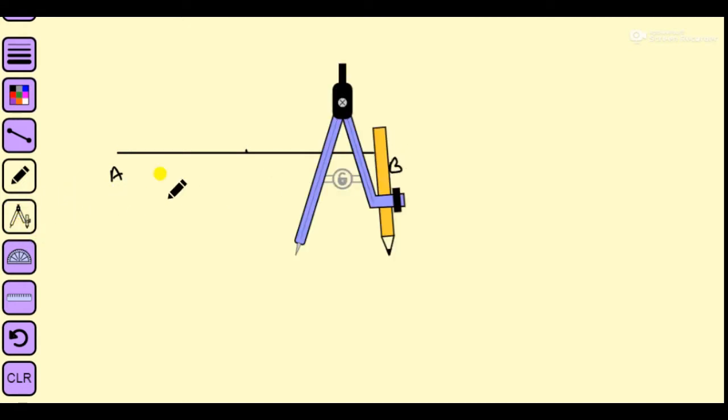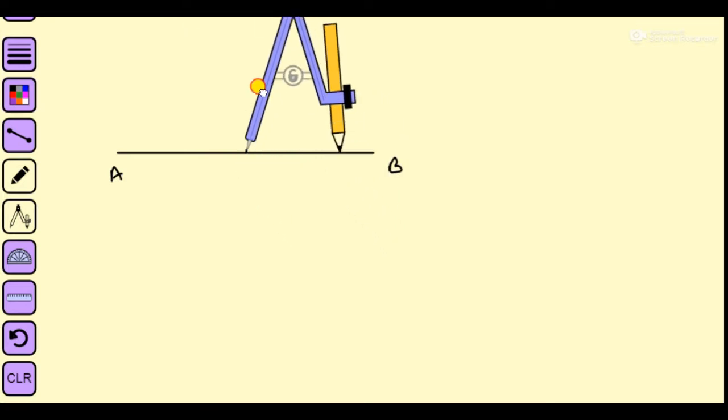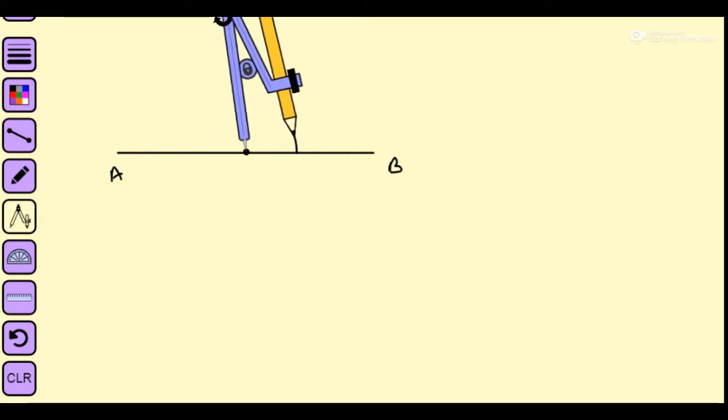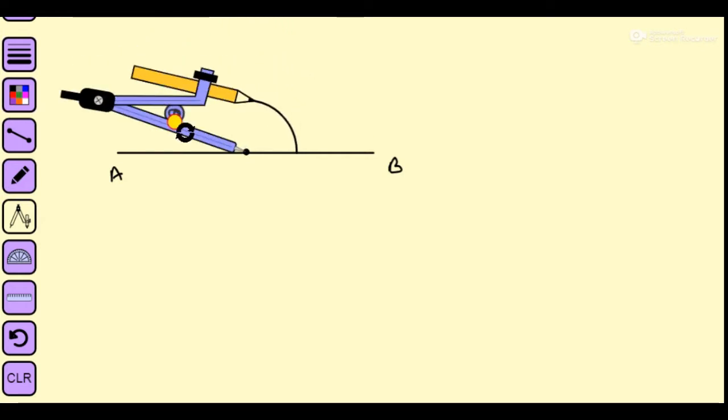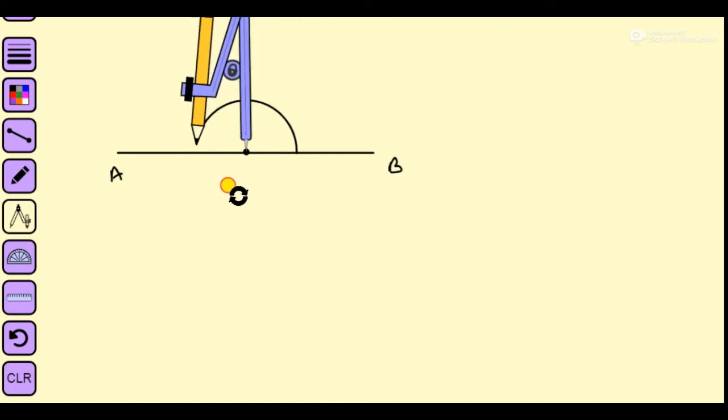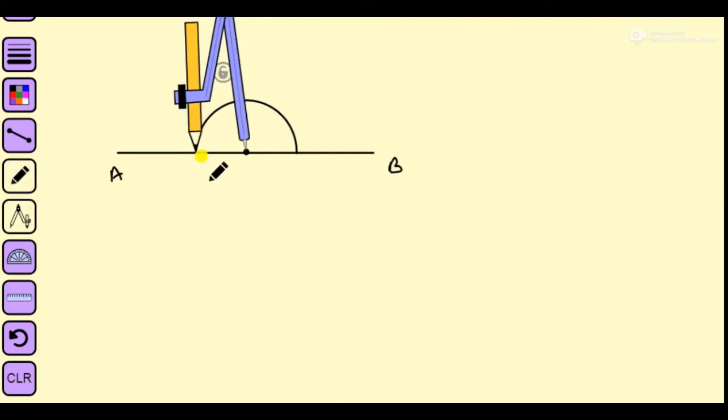Now take a roundel and put it here. The roundel is taking this distance. Now the roundel is going to draw this one, a complete line like this. Okay.